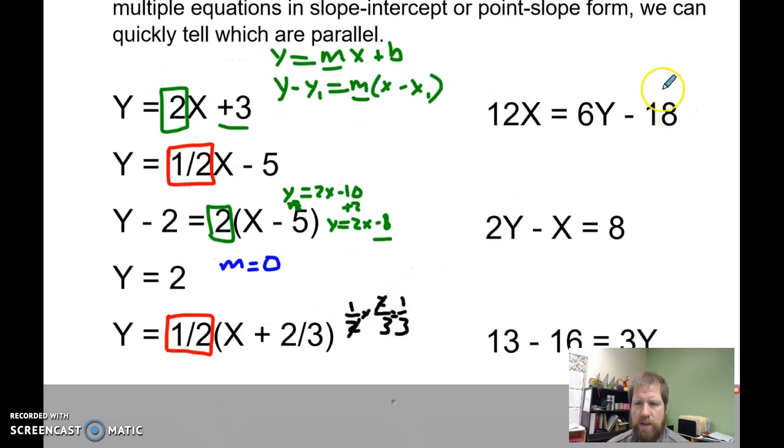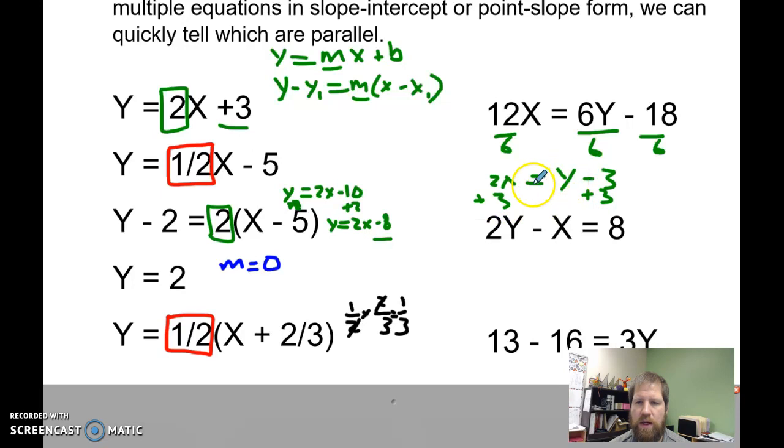Sometimes we'll get equations that are not in either of these forms, and what we have to do is convert them to slope-intercept or point-slope form in order to look at their slope. We can do that real quick. Divide by 6, divide by 6, divide by 6. We're going to have 2x equals y minus 3, and move my 3 over, plus 3.